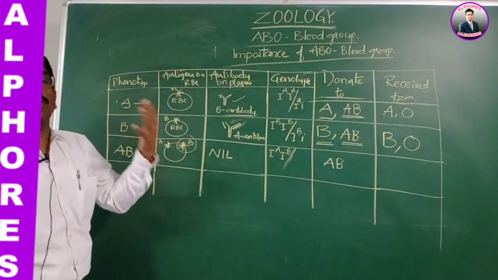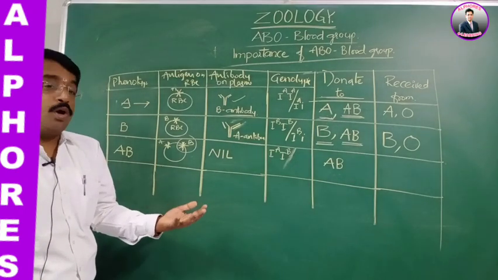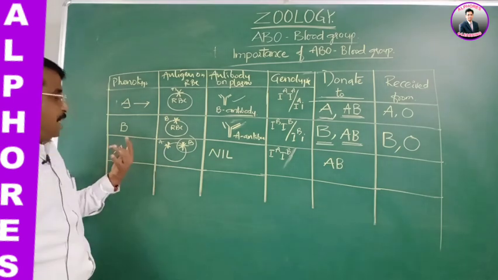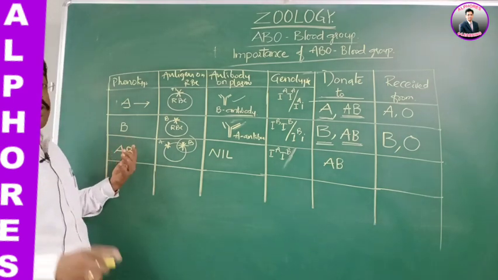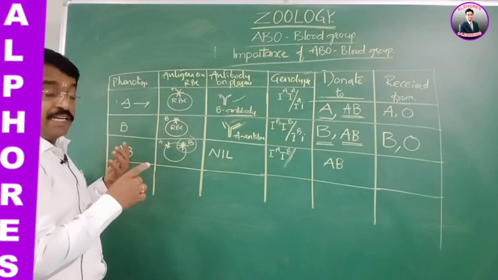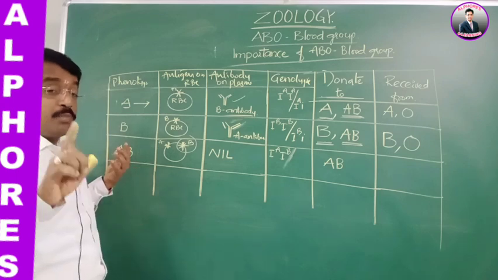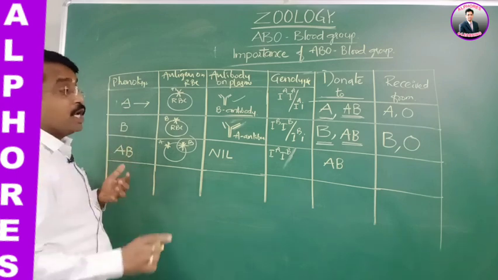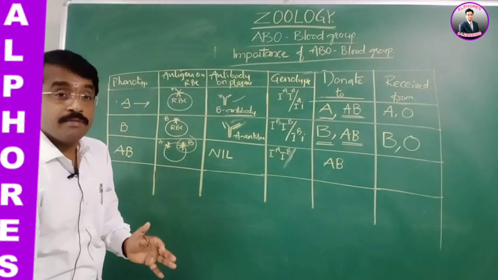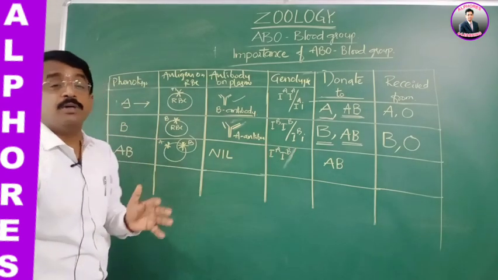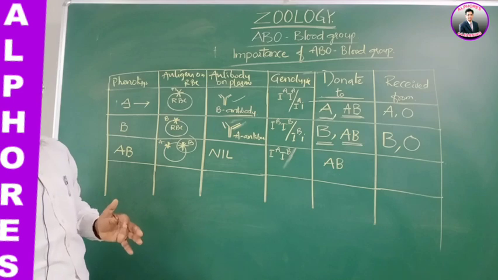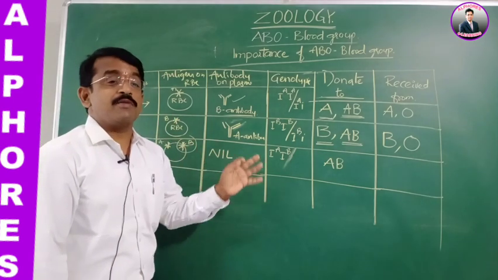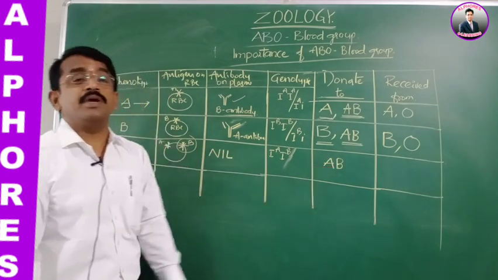And if it is donated to O, O is the recipient, AB is the donor. Donor is AB with A and B antigen, and recipient is with both A antibody and B antibody. So clumping is heavy, leading to agglutination. So it is to be donated to only AB.